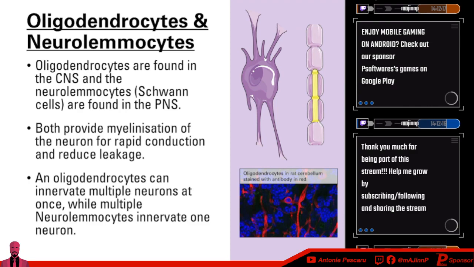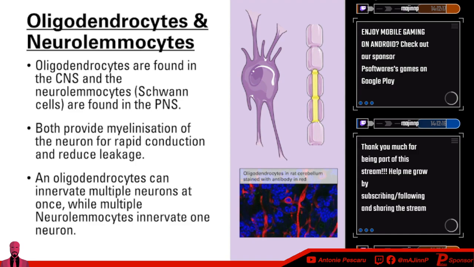So, in a sense, they both do the same thing, but they're found in different parts of the nervous system, whereas both of them provide myelinization of the neurons for rapid conduction and also reduce leakage. To explain what I just said, myelinization means that they will wrap around the axon, and we're going to get to what the axon is shortly, but basically the axon is the elongated tail of the neuron.